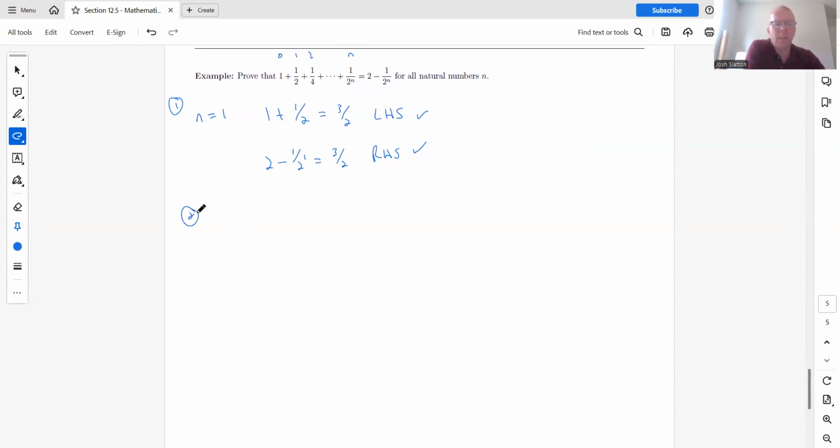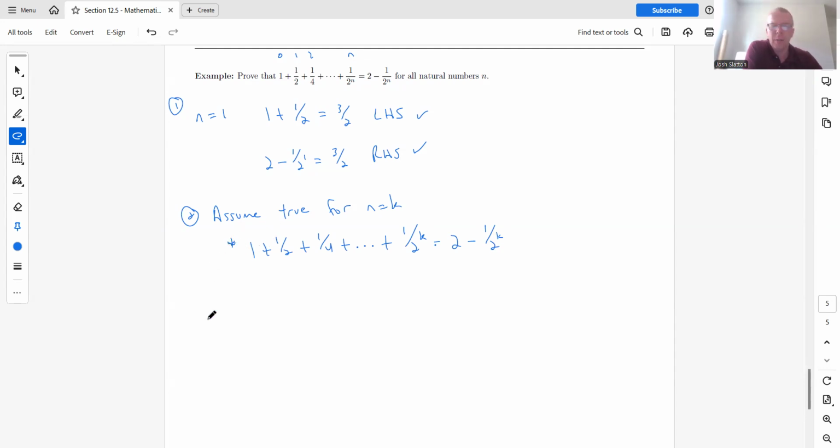Now for the induction step, we're going to assume that this is true for n equals k. Or in other words, 1 plus 1/2 plus 1/4 plus up to 1 over 2 to the k equals 2 minus 1 over 2 to the k. So we're assuming this is true.